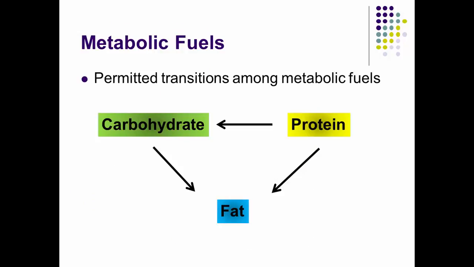Okay, something that we already talked about: these three macronutrients can be interrelated, sometimes interconverted, right? Remember? So the first question is, can protein be utilized to make carbohydrate, glucose?